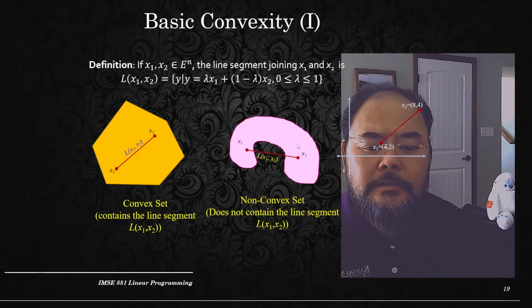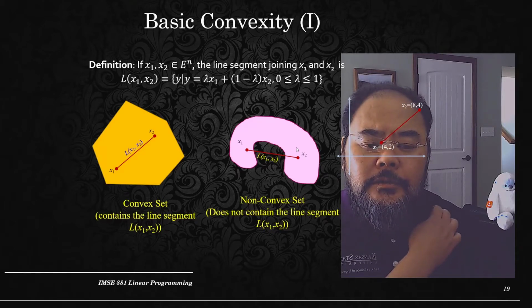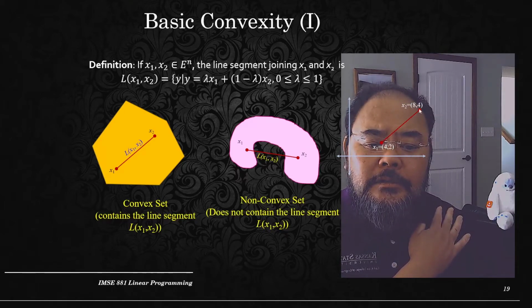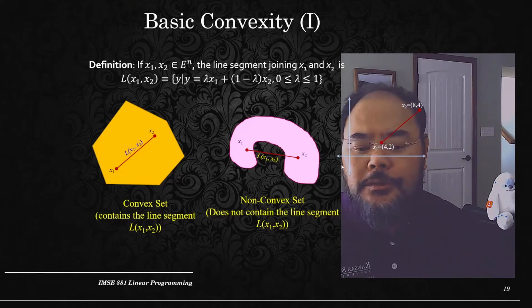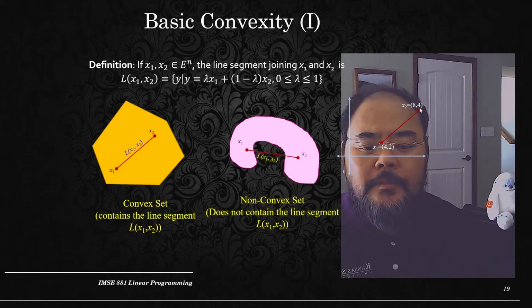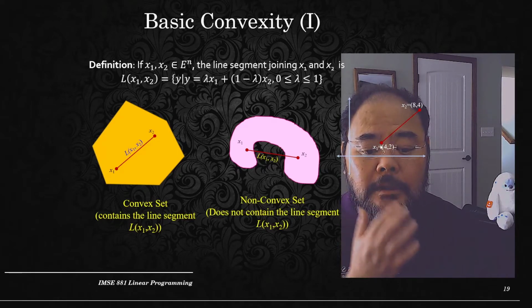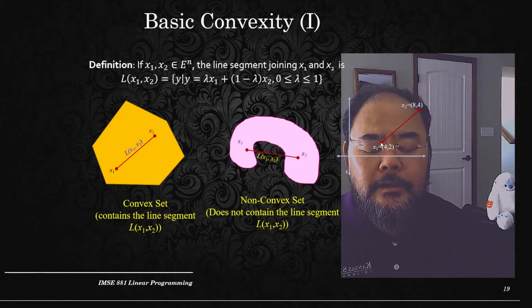Finally, to notice, a linear set is a convex set for sure, because all the data points between x1 and x2 are on this line segment.